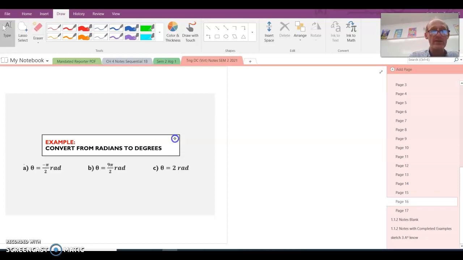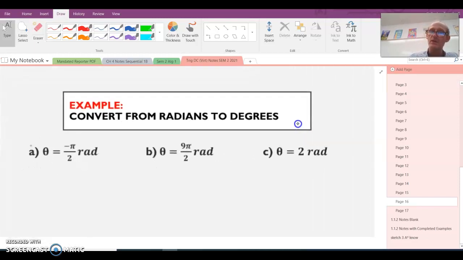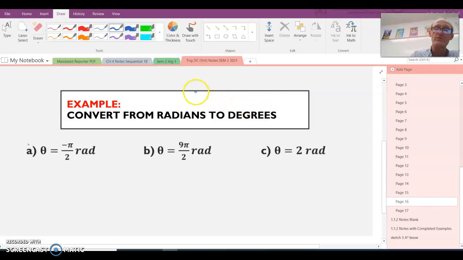All right, well, let's keep going here. Let's convert from radians to degrees. And when we go from radians to degrees, we multiply by 180 over pi. So that's how we convert. The next example: negative 1/2 pi times 180 over pi.